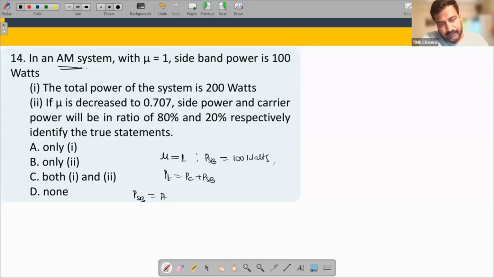Sideband power is PC into mu square by 2. So sideband power is given as 100 watts. 100 is PC into 1 by 2, mu is 1. So carrier power is 200 watt.